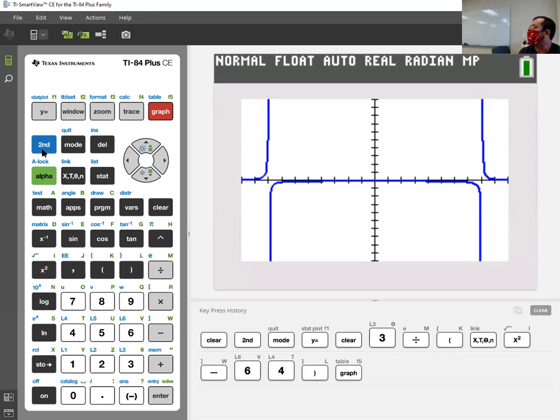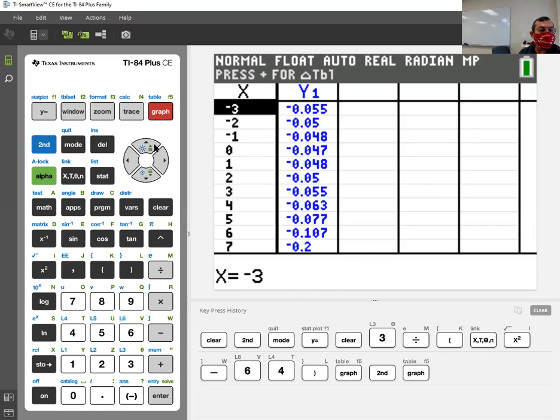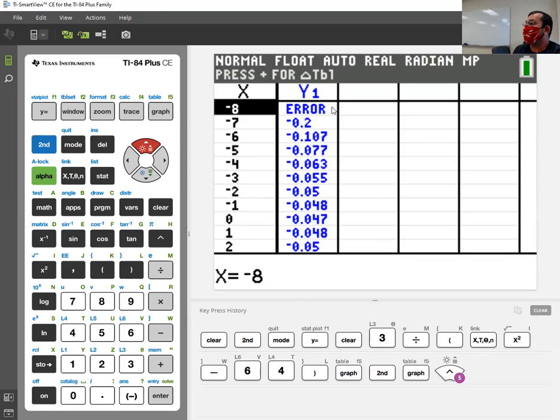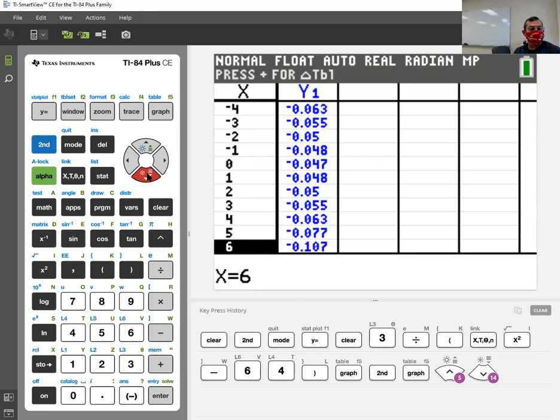Now, if you look at the table, second graph, and look at that table, let me go up to where -8 was. So at -8, you get an error message for the y value. That means it was undefined. And then if you go down there to the +8 on the x's, you get the other error message.